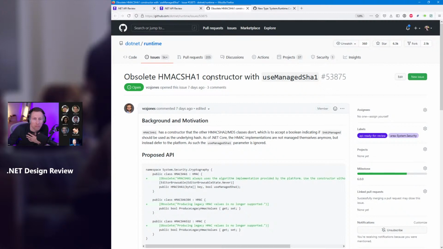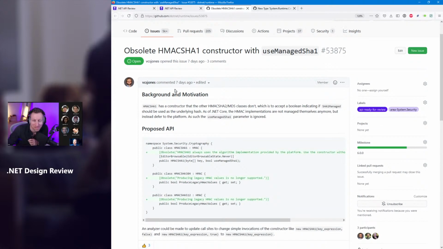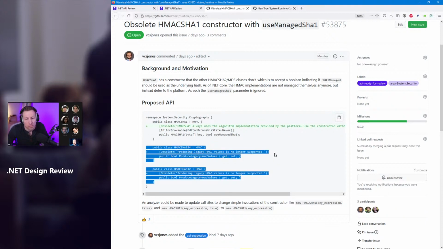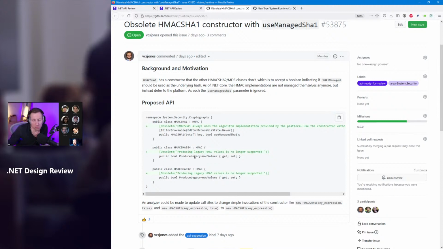Okay. So in crypto, which means everybody just stopped listening, in .NET Framework 2.0 or like a 2.0 preview or something weird, there was a bug in how SHA-2 HMACs were computed, and so there are these properties called produce legacy values, and we just ignore them in core, so marking them obsolete now that we're obsoleting things.